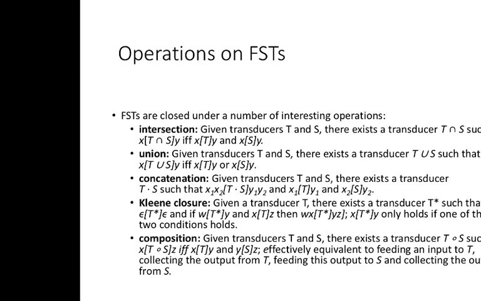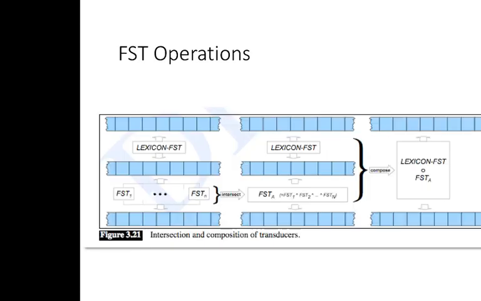You can read the definitions of each of these. It will be useful to you to know, particularly intersection and union, maybe concatenation, but composition is the one that is most useful to you, and I urge you to make sure you understand. But it's pretty simple to understand.